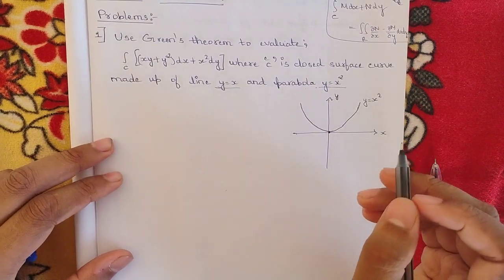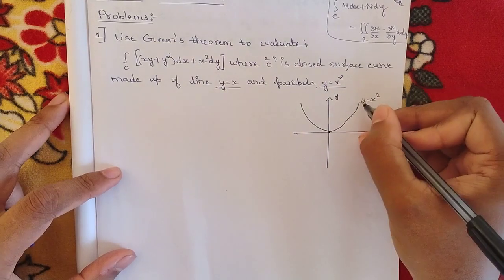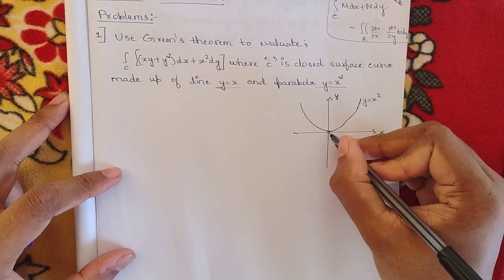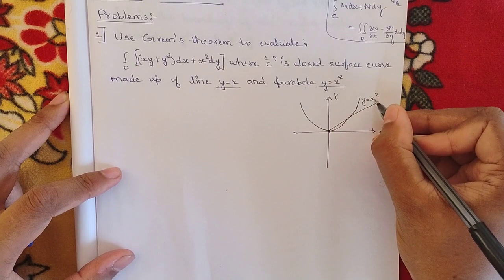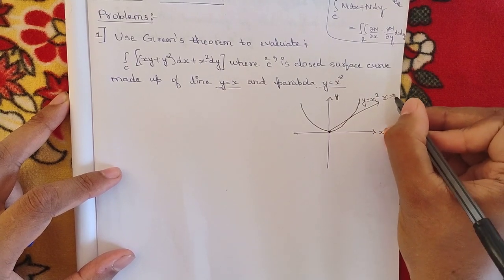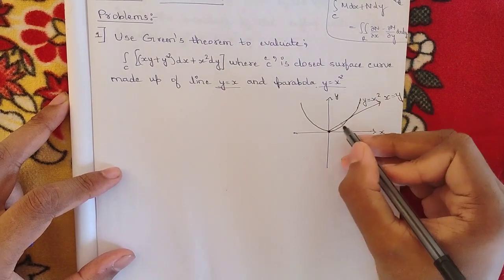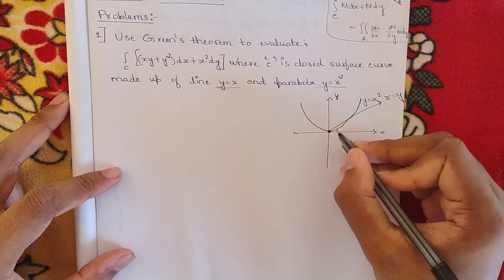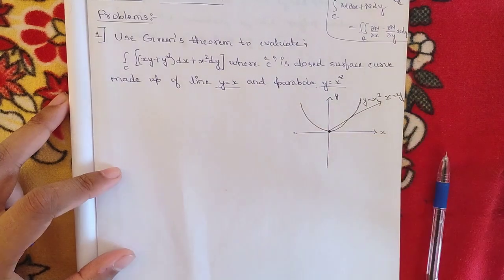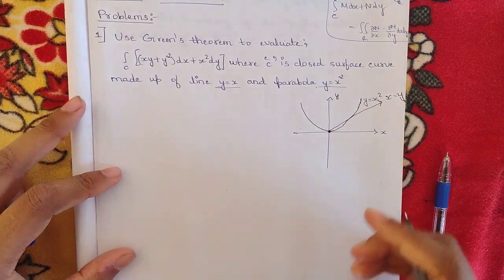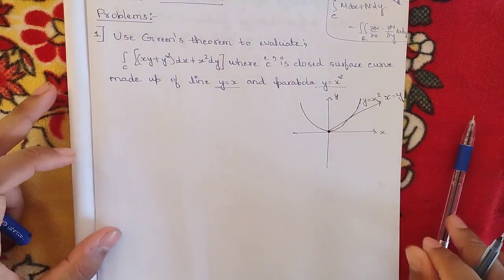Also they have mentioned to draw the line x equal to y, that is this sloping part. This is the line of x equal to y. So this is from the origin. You should be drawing one straight line so that the value of x would be equal to y.